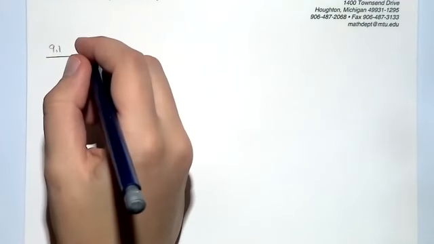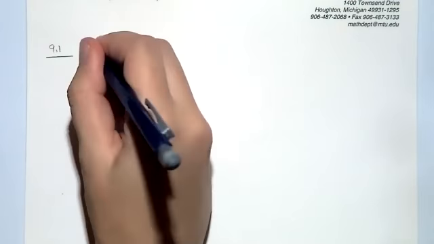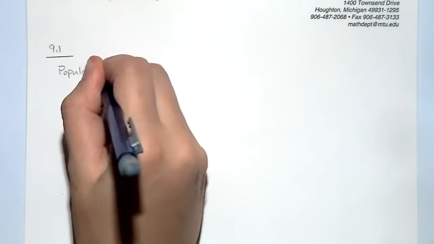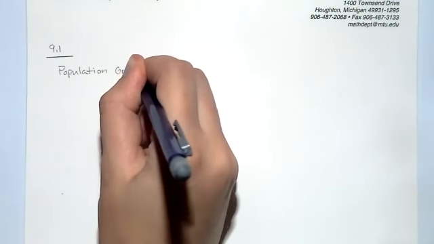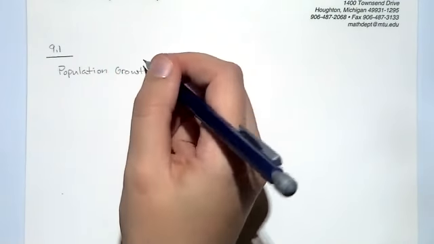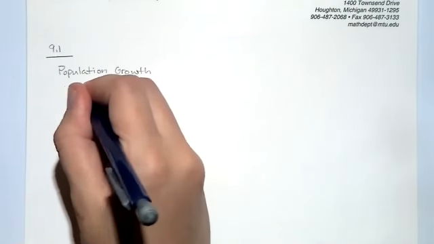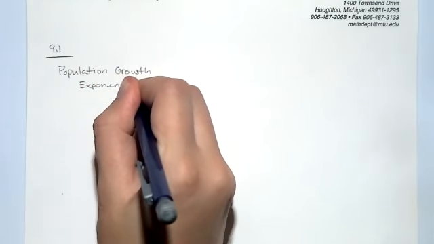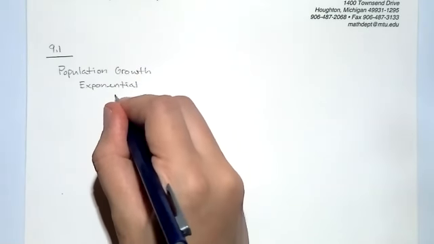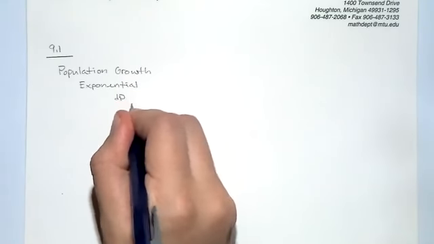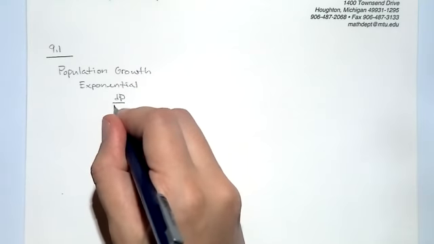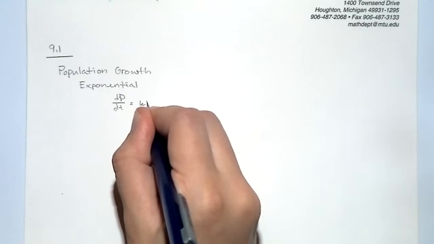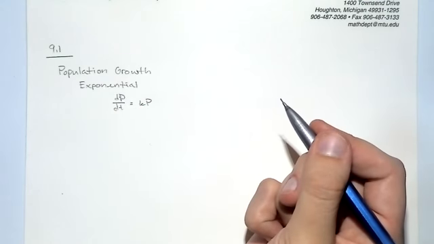So with 9.1, you guys covered quite a few different things. So you have population growth, and that can be exponential, and that has equations like dP/dt = kP.